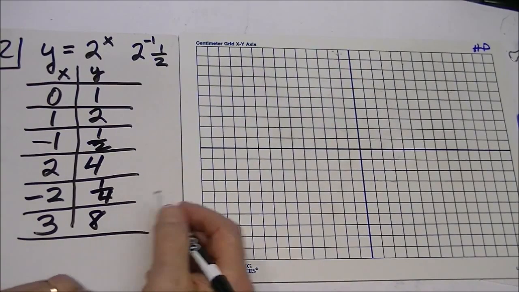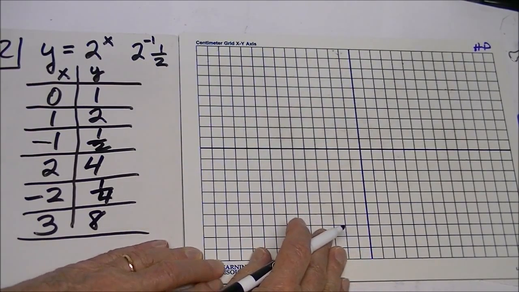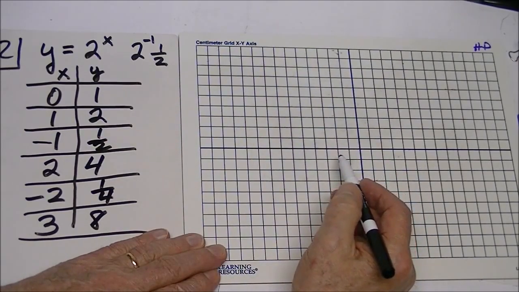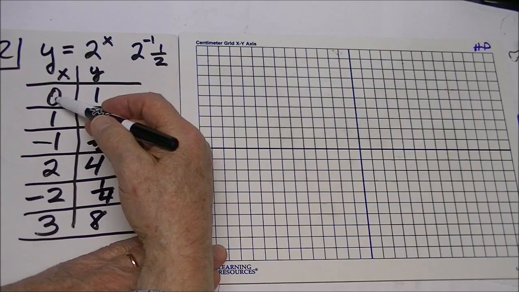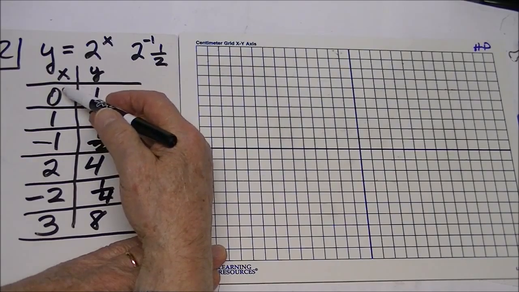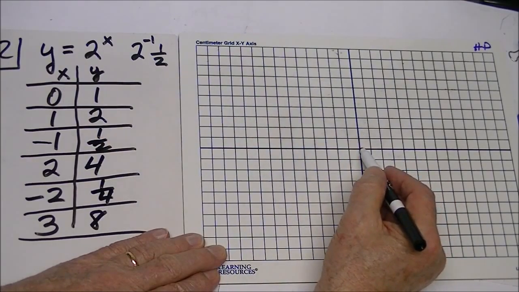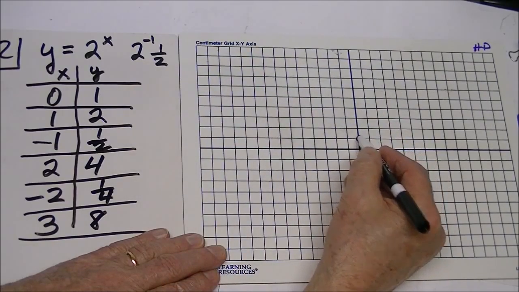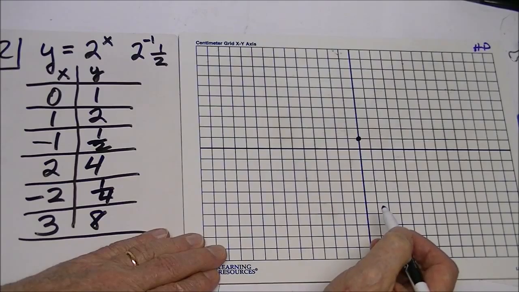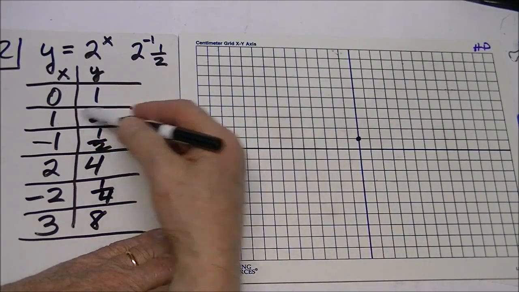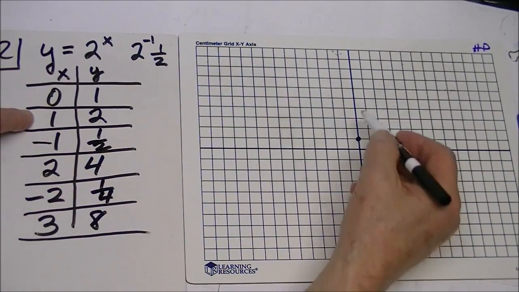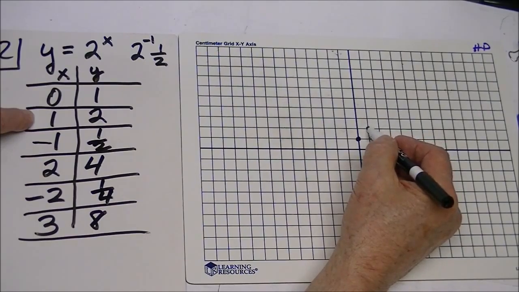So what we're going to do now is to graph these points, and we'll start off with our first one. If x is 0, our y is 1. So we put a dot right there. If x is 1, our y is 2. So we go right there.